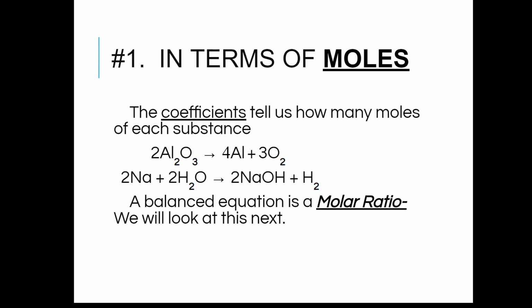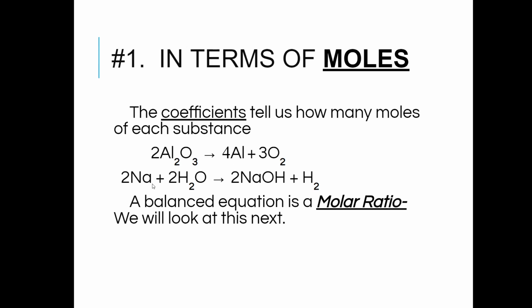The most common, easy factor that we are going to use is going to be the mole ratio. Okay, and this is what we essentially are making those coefficients for. So in this reaction here, what we have is 2 moles of aluminum oxide breaking down into 4 moles of aluminum and 3 moles of oxygen.